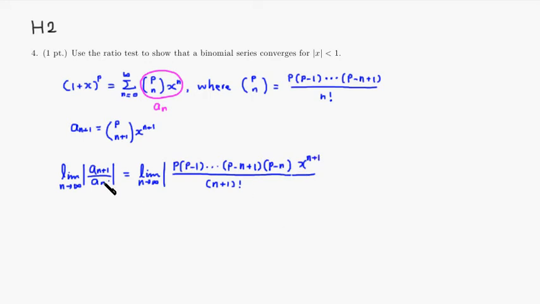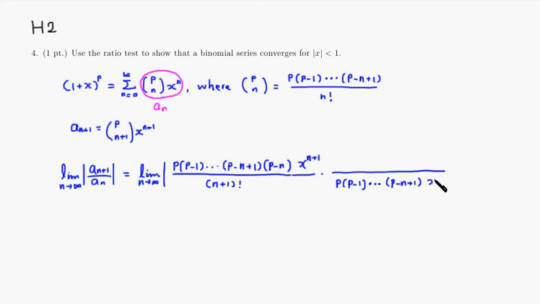Then we have to divide by a_n, so we put the reciprocal of this. Take the reciprocal of the binomial coefficient: you have p times p minus 1 times all the way to p minus n plus 1, then also x to the n.